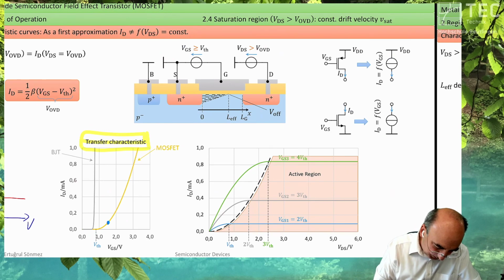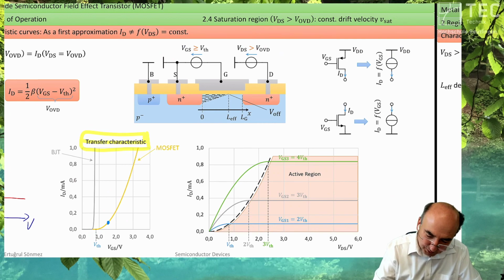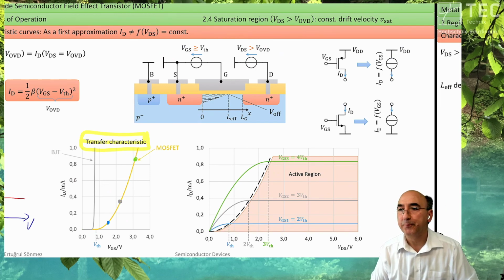Perhaps you have here this current for 2 VTH, for 3 VTH, you have this current, and for 4 VTH, you have this current.